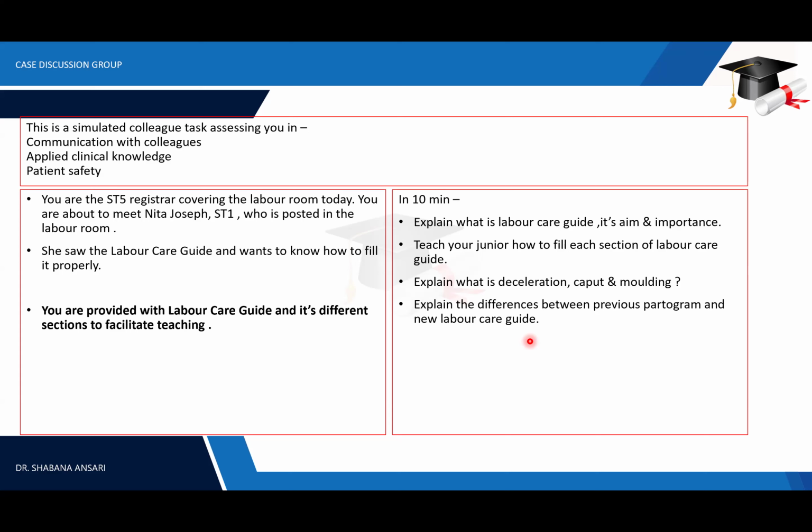Now there are evidence-based time limits. There is a new column of second stage section, and we monitor that as well. Previously no supportive care was given, and now there is supportive care which includes a partner, pain relief options, fluid intake, posture and mobility.